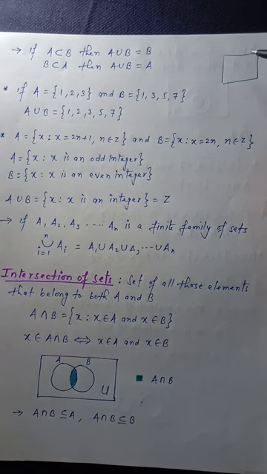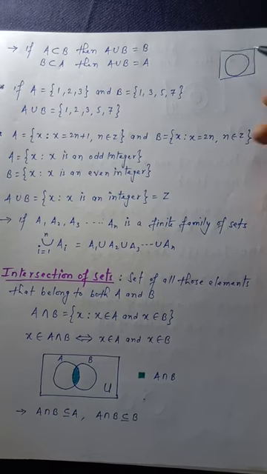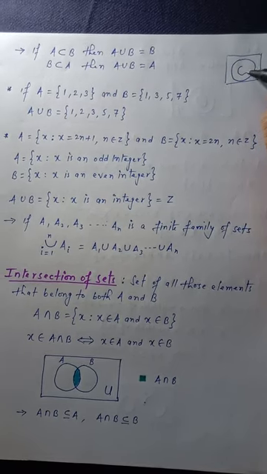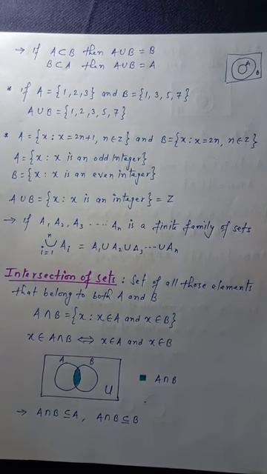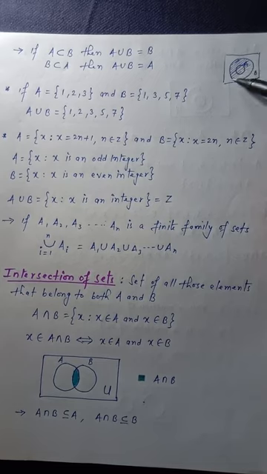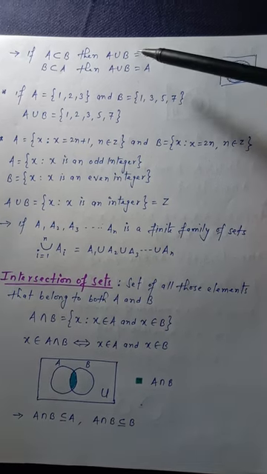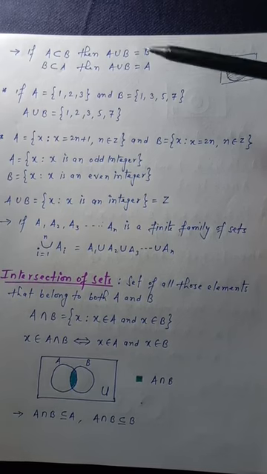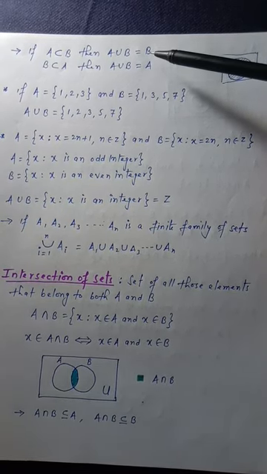When A is a subset of B, it means set B will contain set A. It means set A is inside set B. So what will be the union? Because union is the whole shaded part. So you can see here this A union B becomes the whole circle B. So when A is a subset of B, we say that A union B is always B, and you have to remember this fact also.